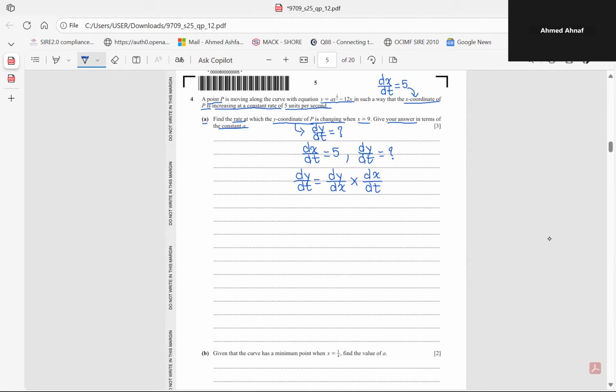So let's do that. We're given the equation of the curve in terms of x. So we can write y equals k times x to the power of 3 over 2 minus 12x. Now we're going to differentiate both sides. So dy/dx would just be the derivative of this entire function.